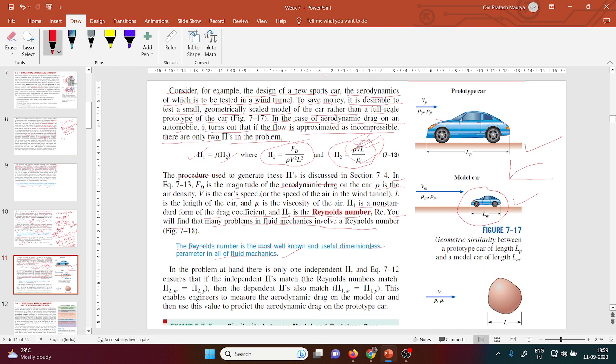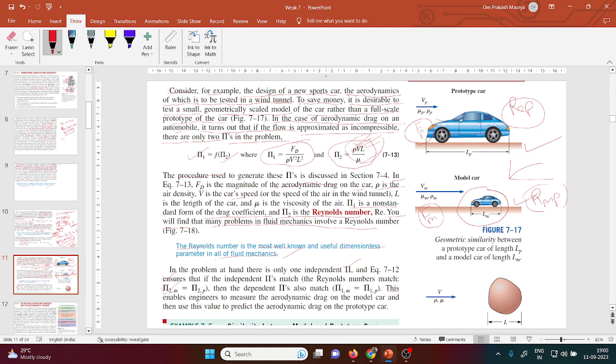In the problem at hand, there is only one independent pi, and the equation above ensures that if the independent pi's match, that is the Reynolds number for the model and the Reynolds number for the prototype are equal, then the dependent pi also matches, that is the drag coefficient of the prototype and of the model will be the same.